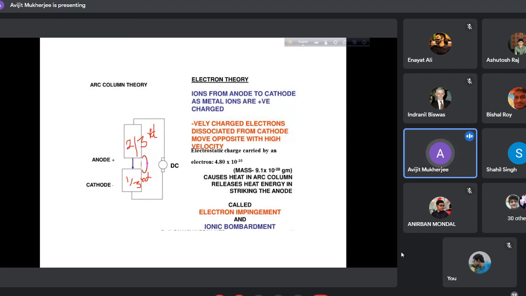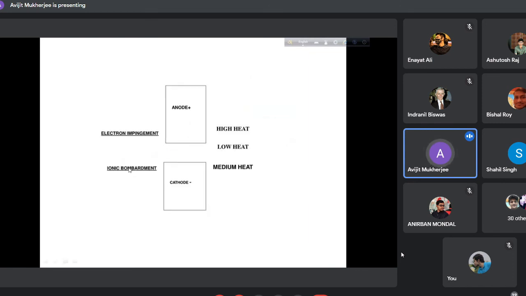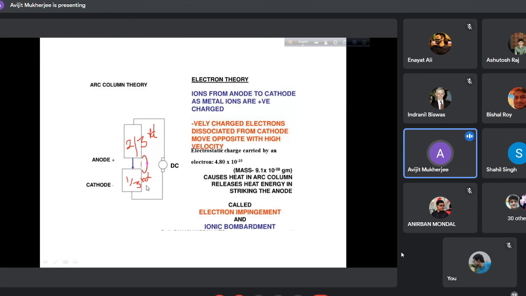Okay, so this is the picture. This is the high heat. This is medium. This is low heat. Now just check this. Are you getting this?